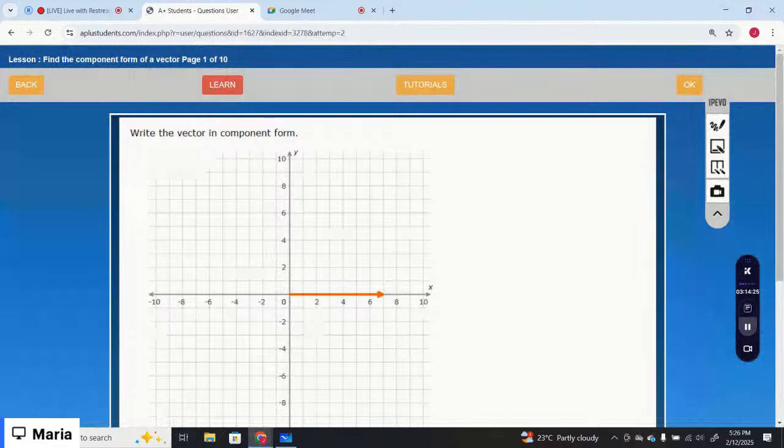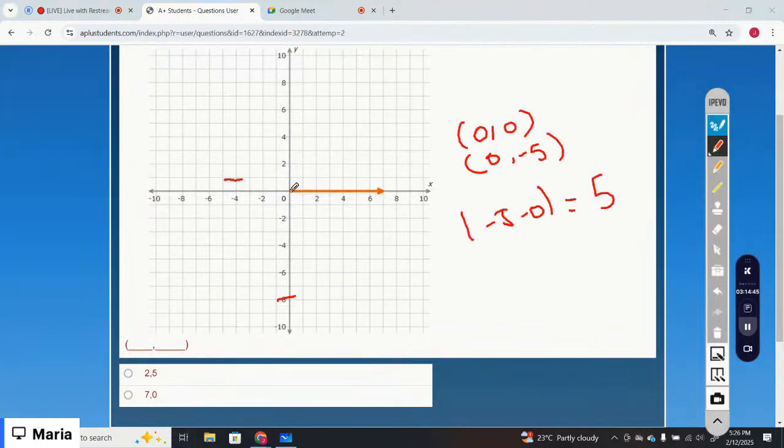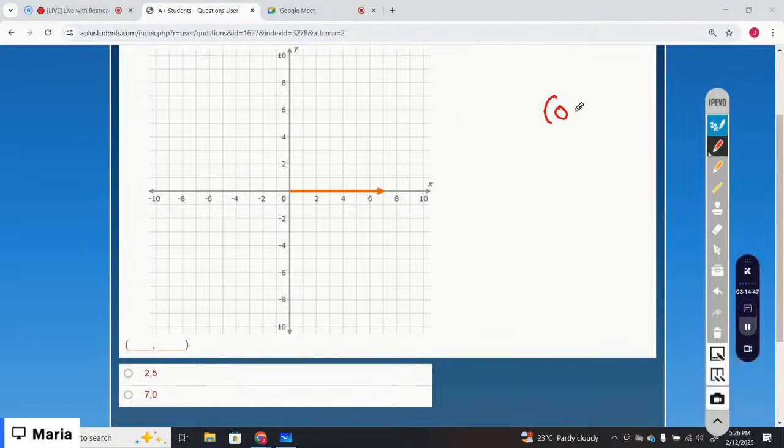Write the vector in component form. The first thing is you need to take the initial point, that is 0, 0, and the second point, where x is 7 and y is 0. Subtract the components. 7 minus 0 is 7.